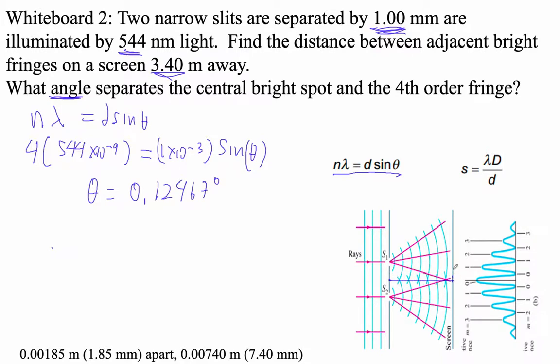So again, we'll just use tangent. Here's s, this is D, right? Tangent of theta is equal to s over D. So the tangent of 0.12467 is equal to the distance that we're looking for divided by 3.4.